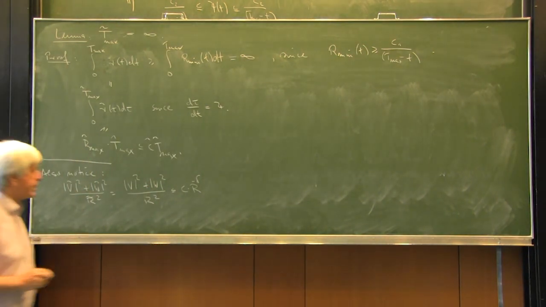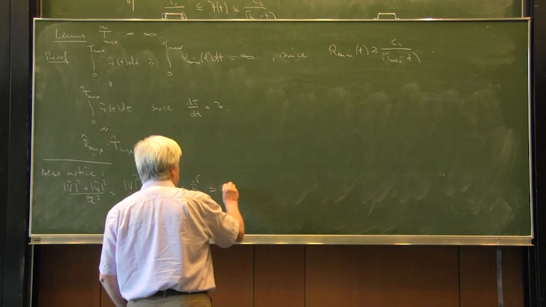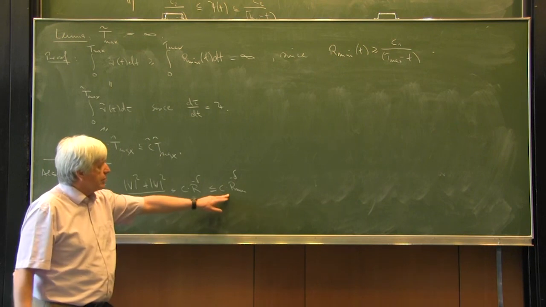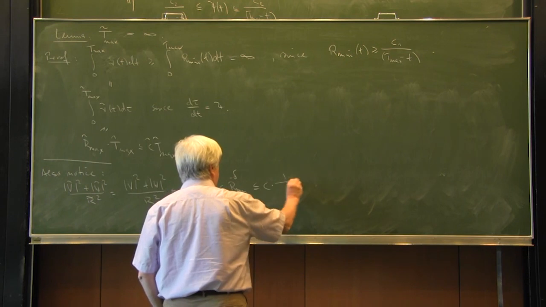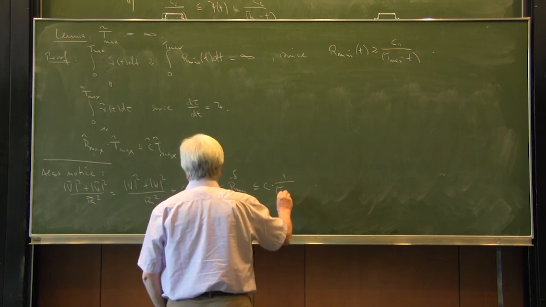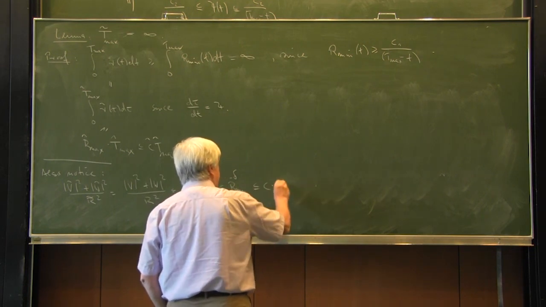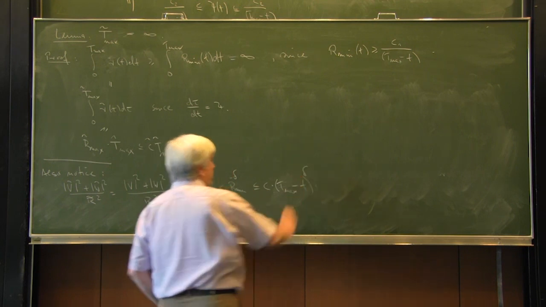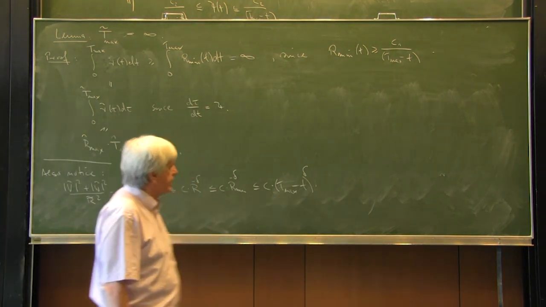But R to the minus delta is now, we know that this is less than R minimum to the minus delta. And the minimum blows up by 1 over T max. So with the inverse, we get that this is less than T max minus T to the delta. So this goes down at this rate.